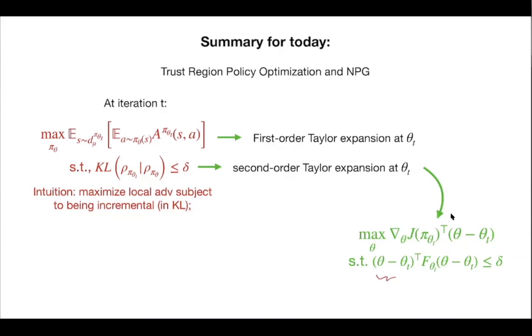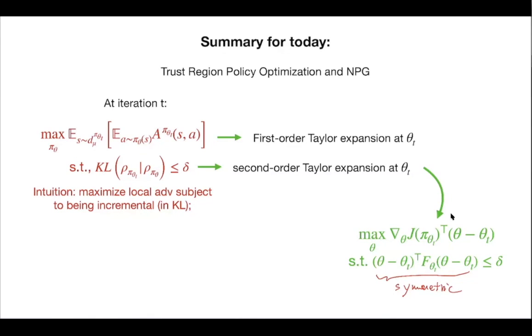So this is symmetric, while KL is not symmetric, right? So in other words, KL up to second order, it's symmetric. The asymmetric stuff actually is coming from the third order, fourth order, fifth order, higher order polynomials.